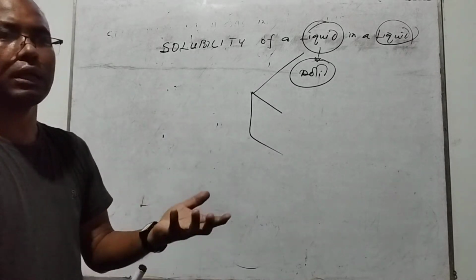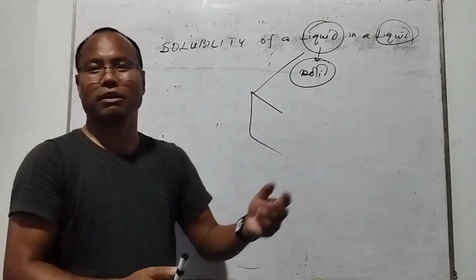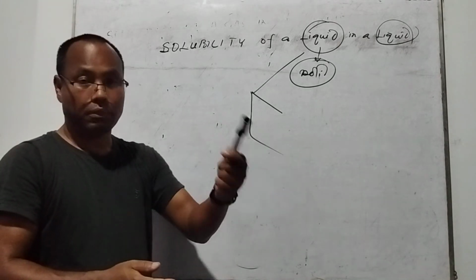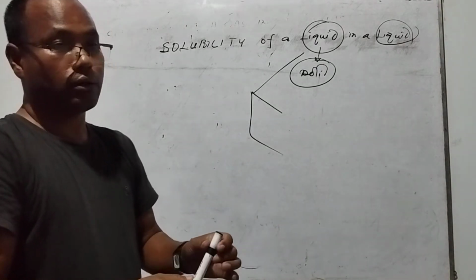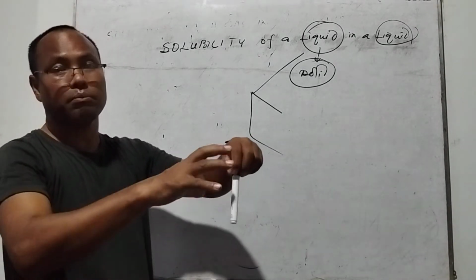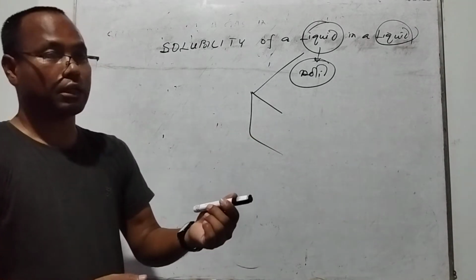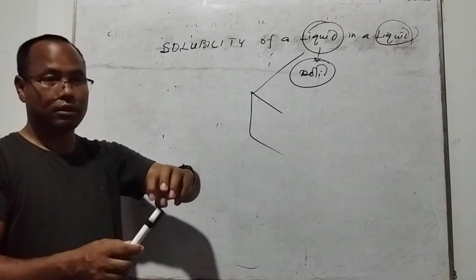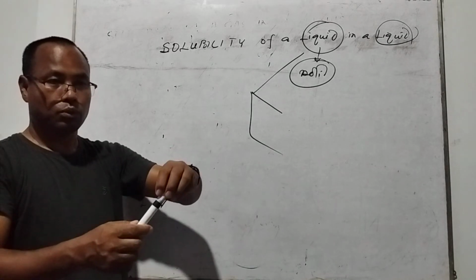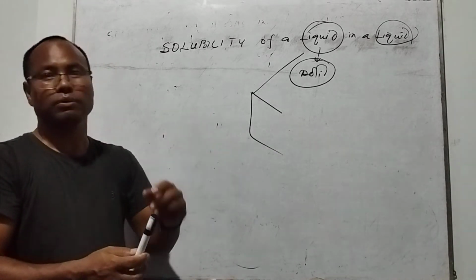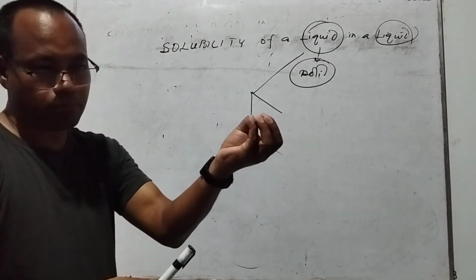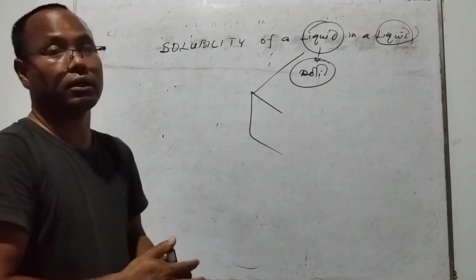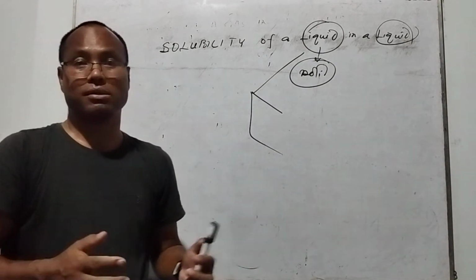After a few days, the ethyl alcohol will not remain as a liquid. Like petrol in our market, it is always kept in tight bottles. Even in our vehicles, once you open the tank lock, you observe that the petrol vapor comes out very quickly. That means these types of liquids are volatile liquids or volatile substances.